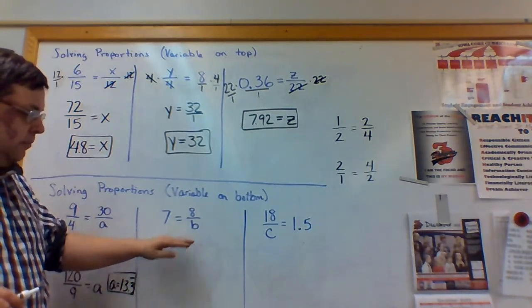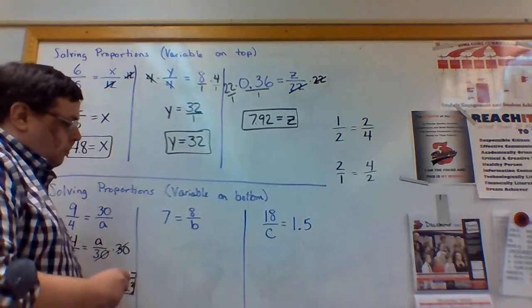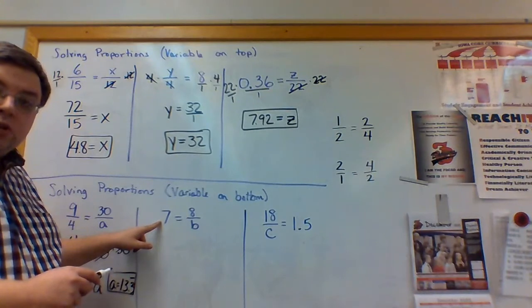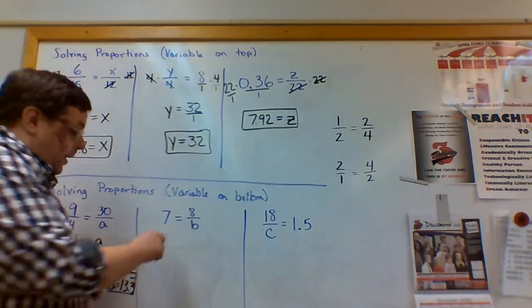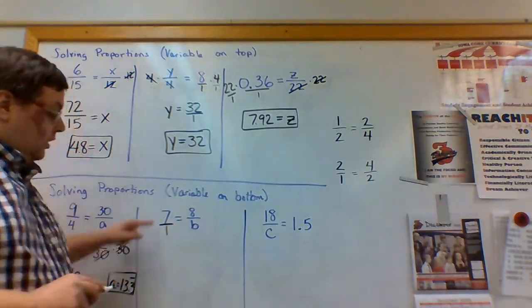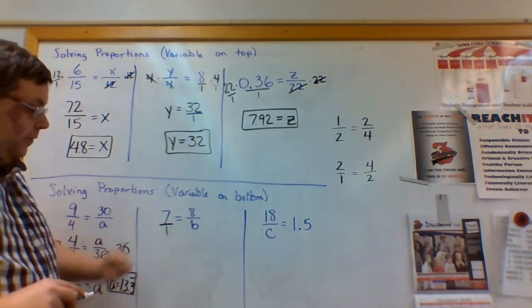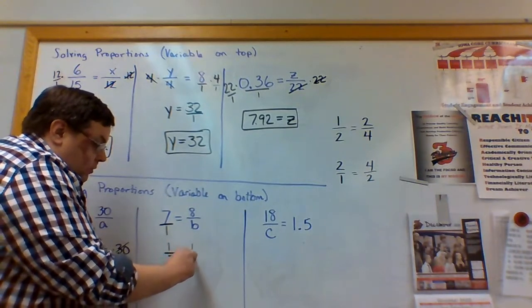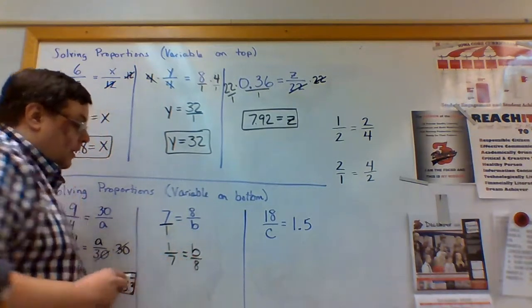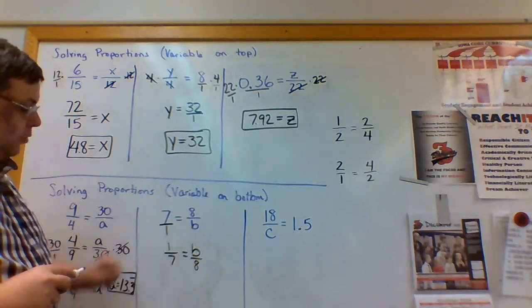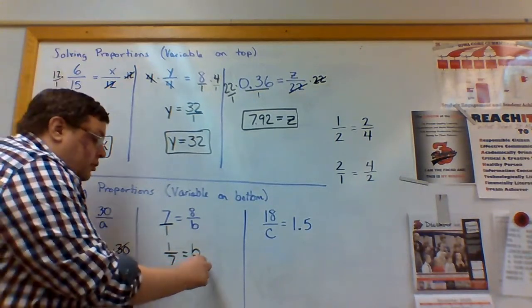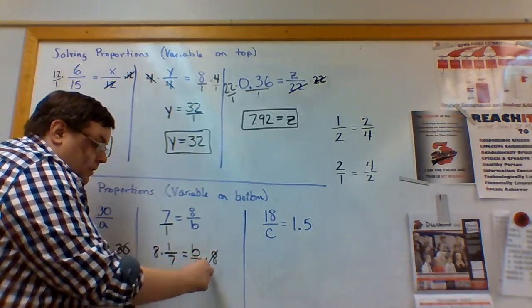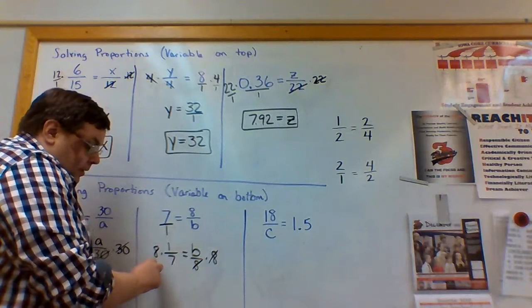So as I go to the second problem, in order to make it so I can flip both fractions, I have to write this 7 as a fraction, which, as we talked about earlier, to make any number into a fraction, you just put it over 1. So that's 7/1 equals 8/b, which becomes 1/7 equals b/8. So I flipped both fractions after putting that 1 underneath. And now it's just multiply by 8 on each side. So the times 8 cancel the divide by 8.